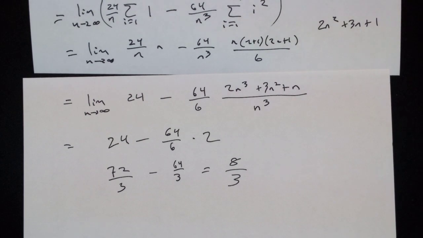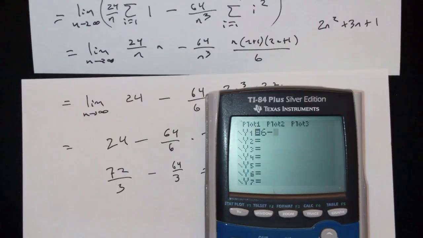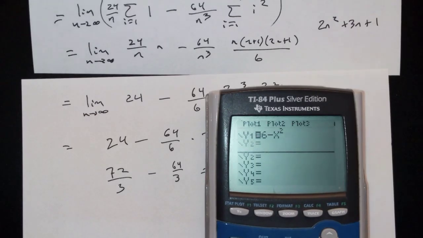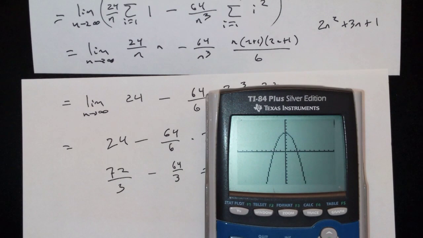Now, I will give you another wonderful piece of information. This represents an area, right? It's the area under that curve between 0 and 4. There's my picture.